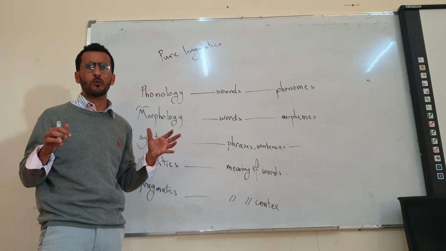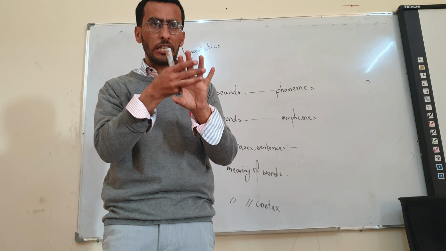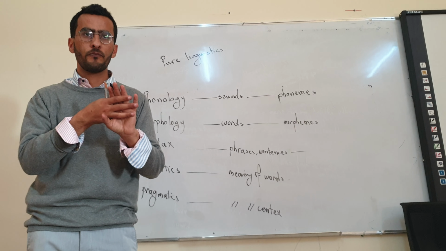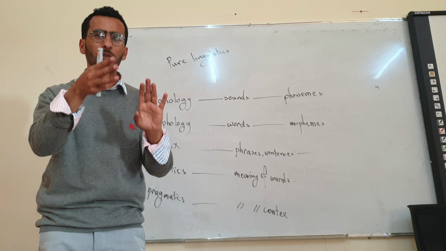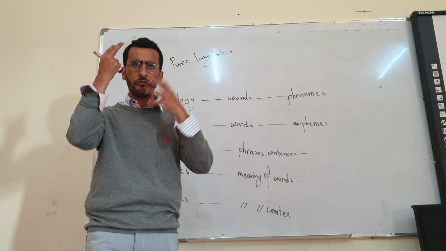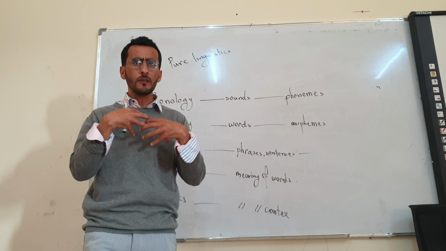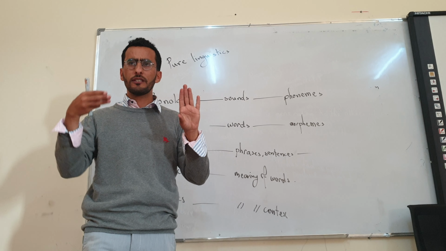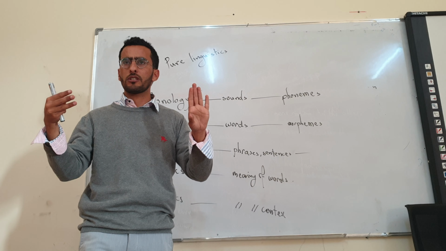Why we call it pure linguistics is that it is only linguistics without intervening with the other sciences. When linguistics interferes with the other sciences, for example, when it enters with psychology, you know psychology, the study of the human being, for example, it means psycholinguistics.